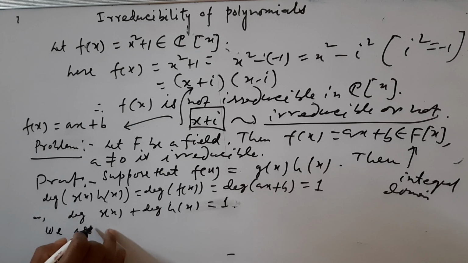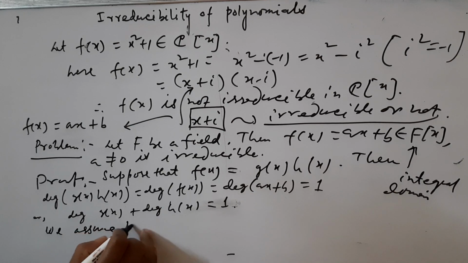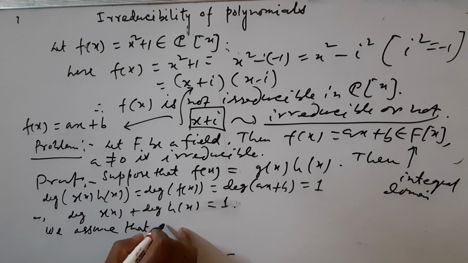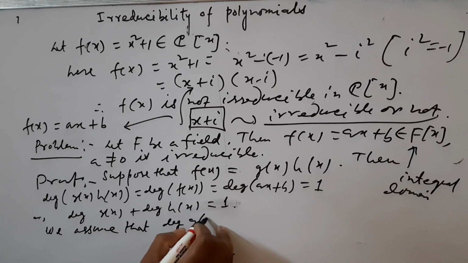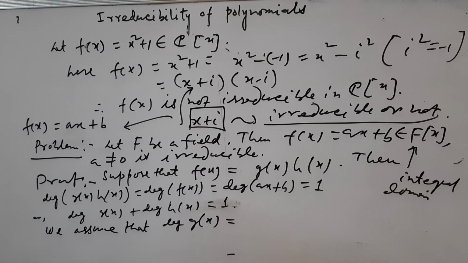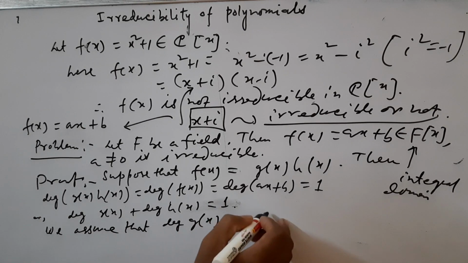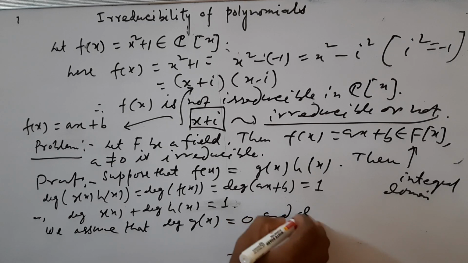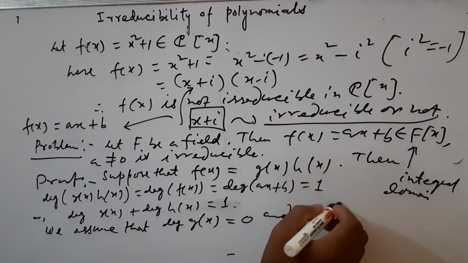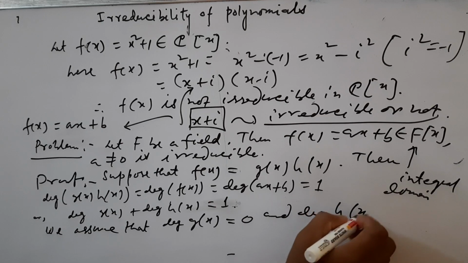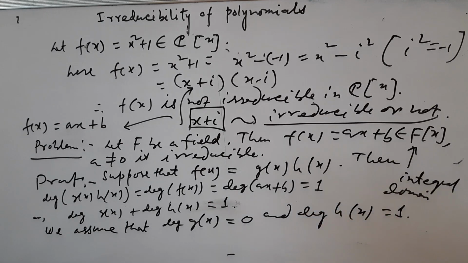So we assume that degree of g(x) is 0 and degree of h(x) is 1.